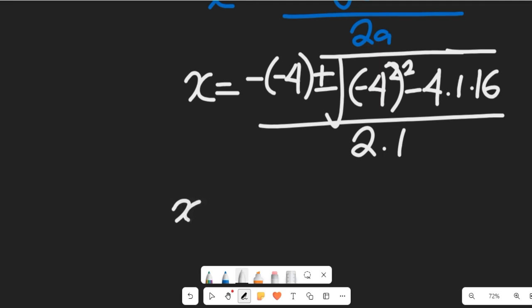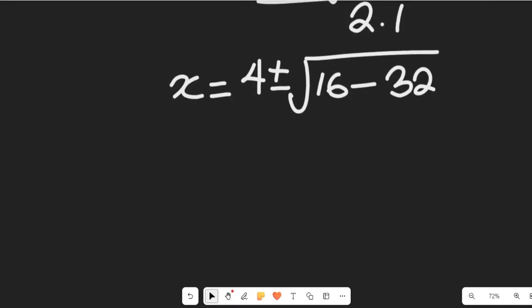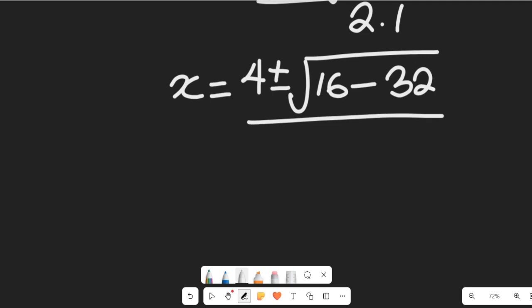So the value of our x will be equal to negative times negative, which gives us 4, plus or minus the square root of negative 4 squared, which gives us 16, minus 4 times 16, which gives us 64, and all of these will be divided by 2.